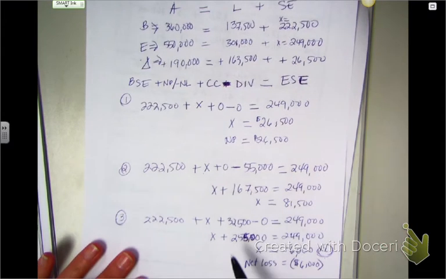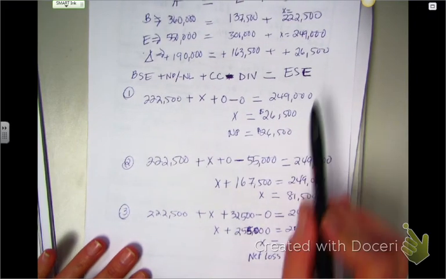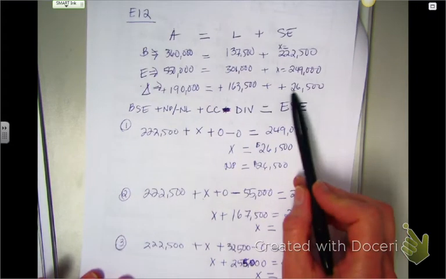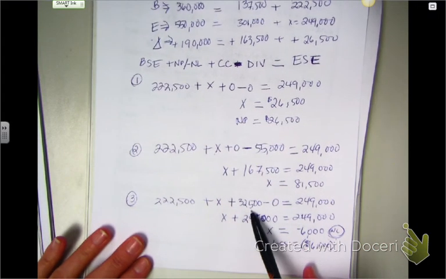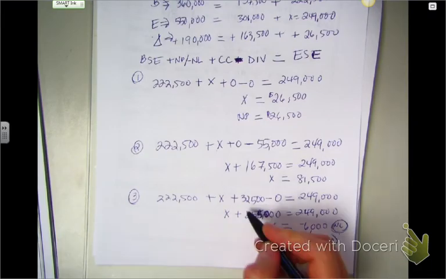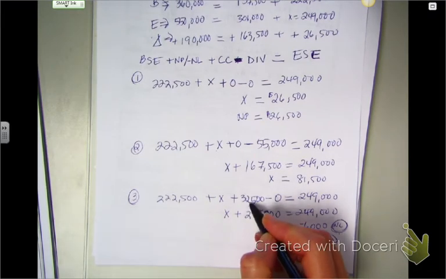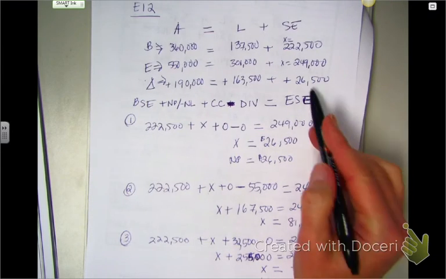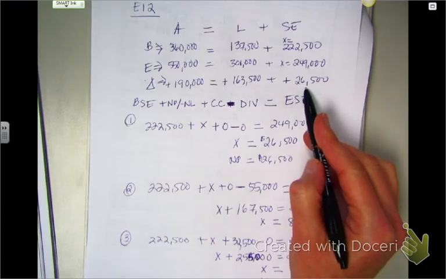Okay? In this particular case, this $26,500 came from owners investing more in that business, contributed capital in the form of $32,500. So if the owners invested $32,500 in this business, and the change in stockholders' equity was only $26,500, they had to have generated a loss.